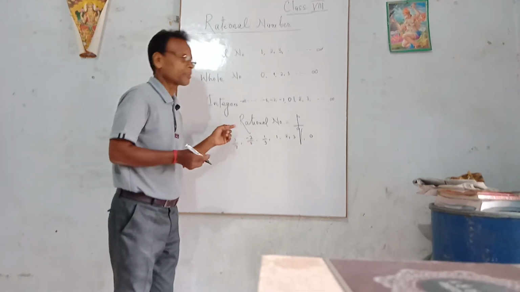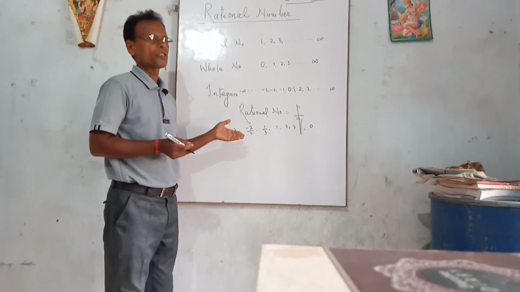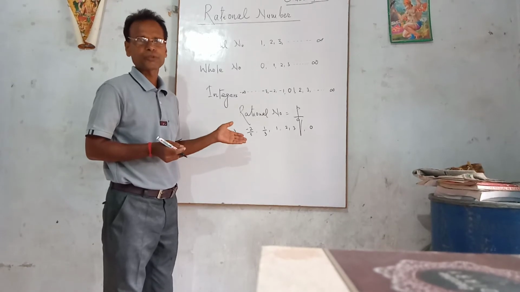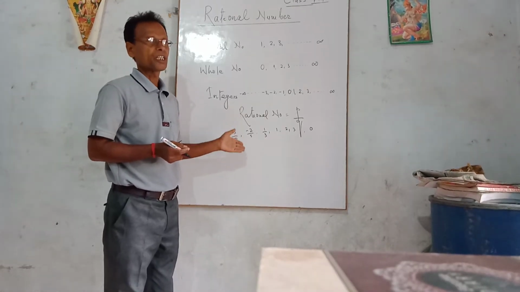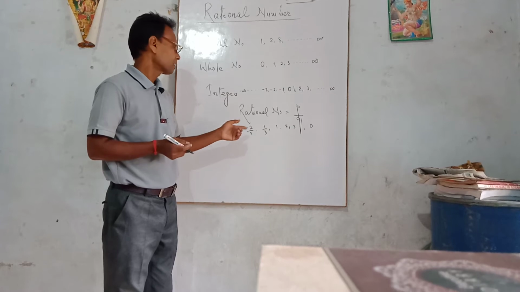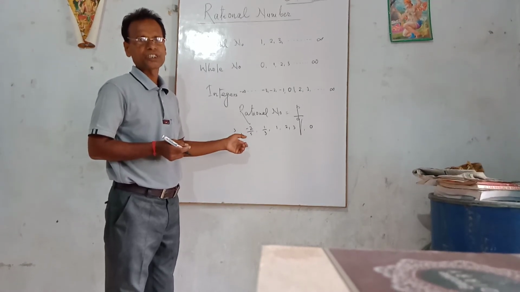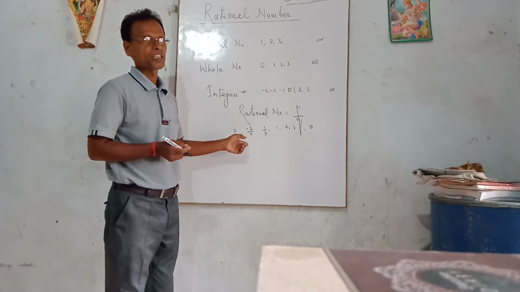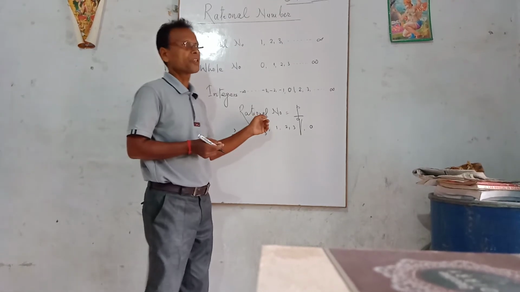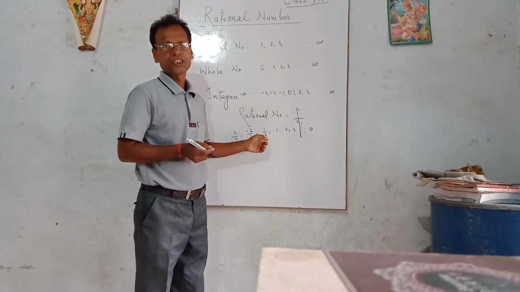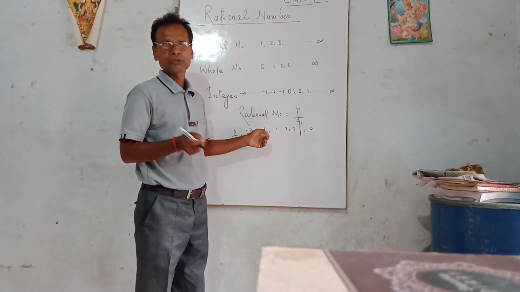In the first example, 3 upon 7, 3 is an integer and 7 is also an integer. In the second example, minus 2 is an integer and 5 is also an integer. It means that p and q both are integers. In the third example, 1 is an integer, 3 is an integer, and this is also a rational number.